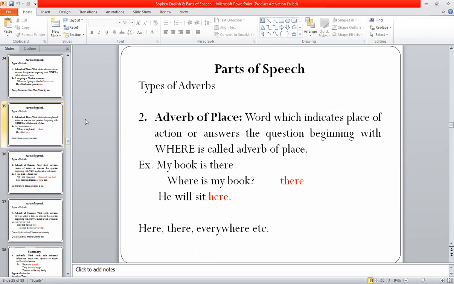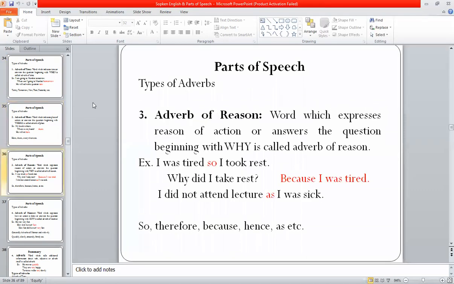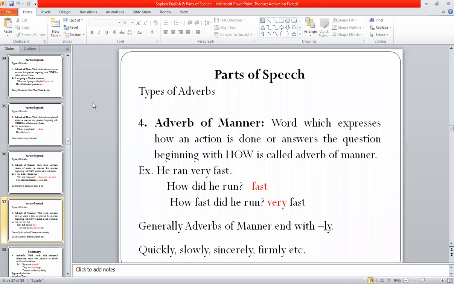Okay, so these are the adverbs of place. Then adverbs of reason. Adverbs of reason are so, therefore, because, hence, since, as. These are the adverbs of reason. And adverbs of manner are quickly, slowly, sincerely, calmly, firmly.